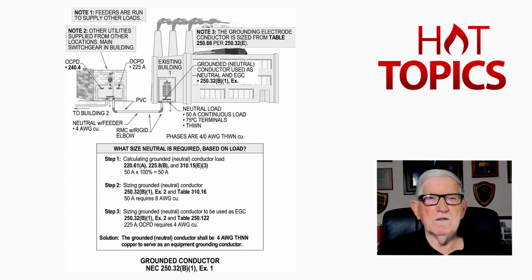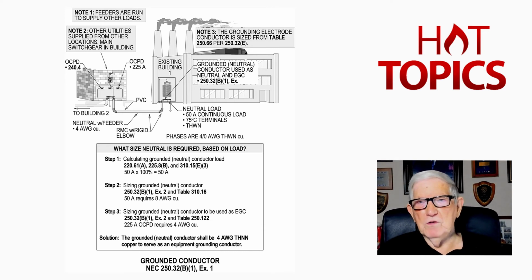So let's look at our next illustration. And notice we're basically just reviewing when you need to connect it as a subpanel, as you see in Building 1, or when we could use the grounded conductor as an equipment ground, neutral, and bonding jumper.